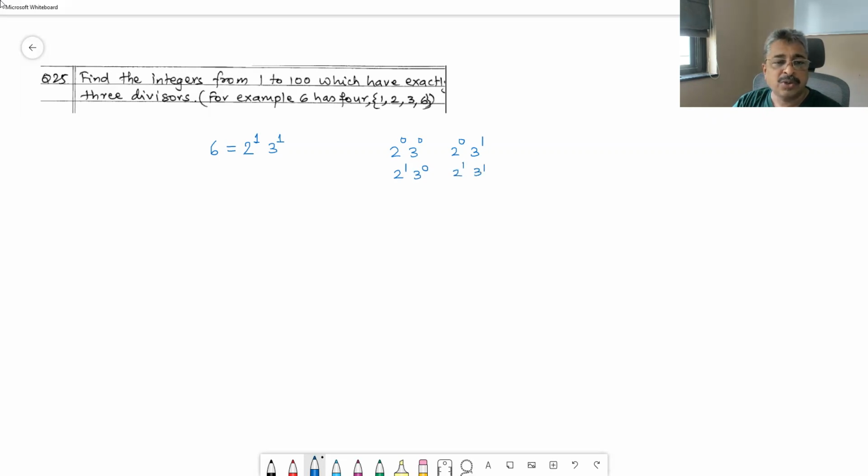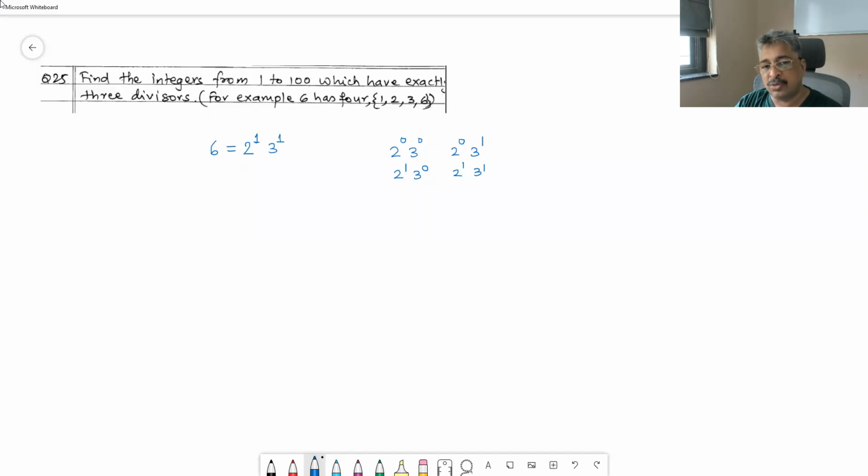Because 2 raised to 0 and 2 raised to 1 are the two cases which are not greater than 2 raised to 1, and likewise 3 raised to 0 and 3 raised to 1 for 3. So I have considered all possible ways of getting 2 into 3 with their different powers.